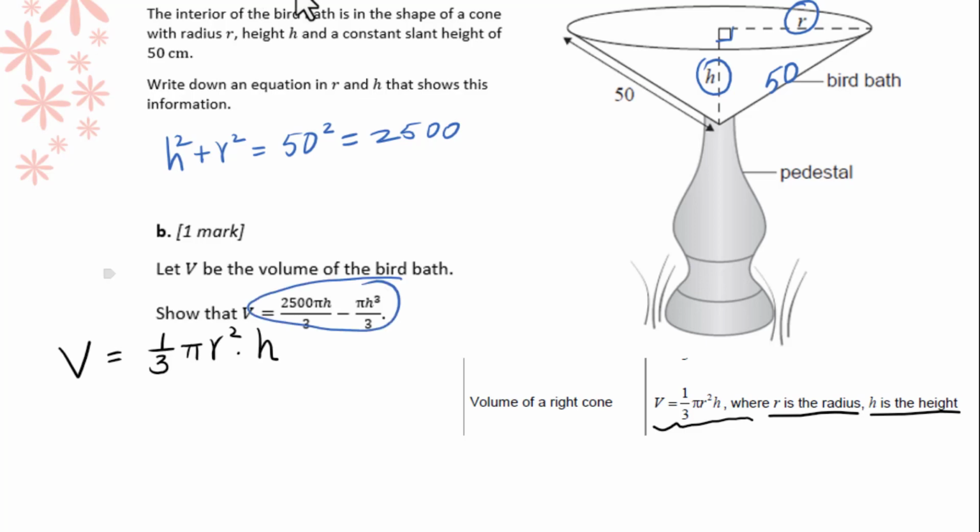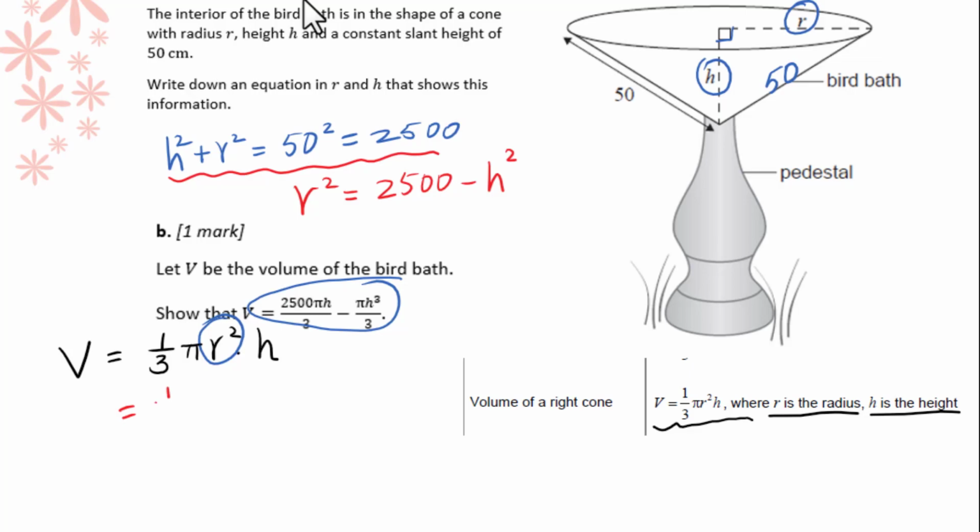Let's check this V. There is no r. We need to change this r squared in terms of h. From this equation, we do know r squared equals 2500 minus h squared.